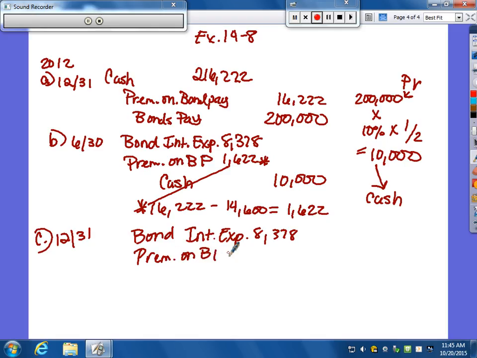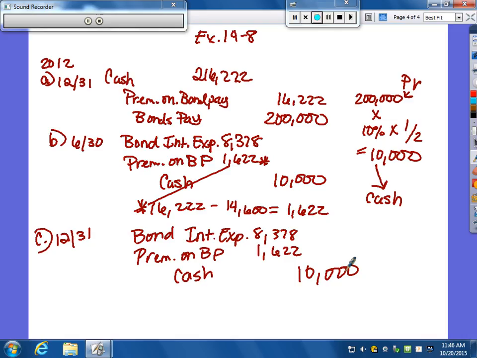When you do these types of journal entries, the first step is to find out whether it's a premium or a discount, because all of the problems won't be like that one where they give you the carrying value.